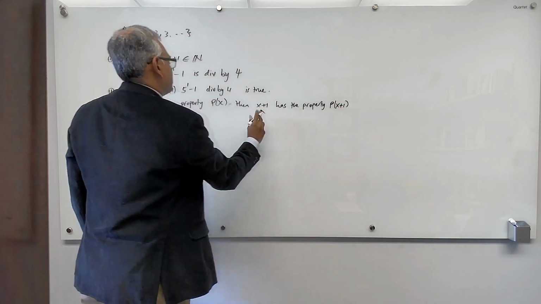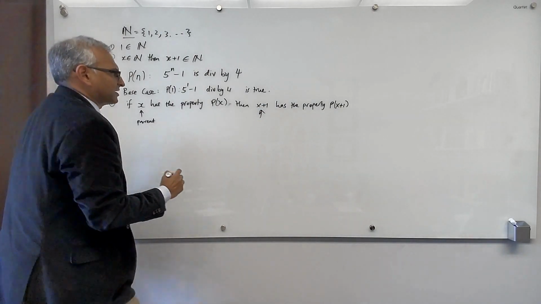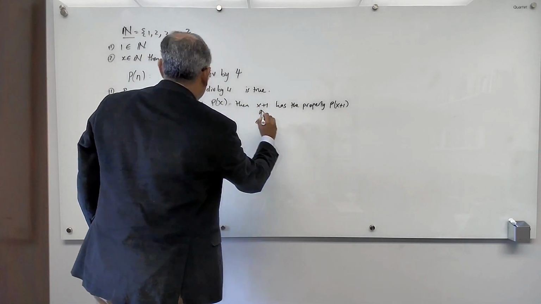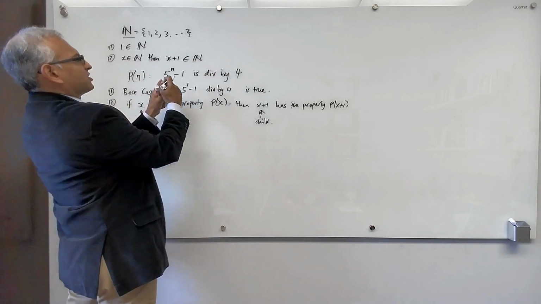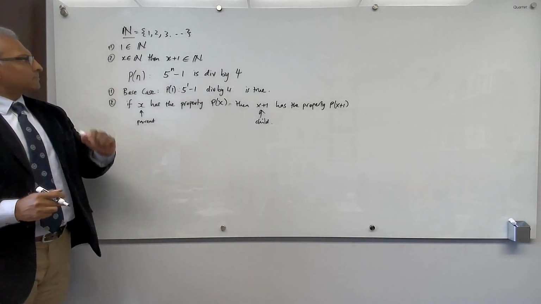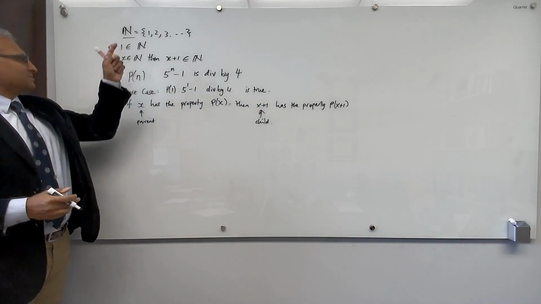Why X plus 1? Because that's the child. That's the definition of my set. In other words, this constructor rule preserves the property P of N, where N is my integer.